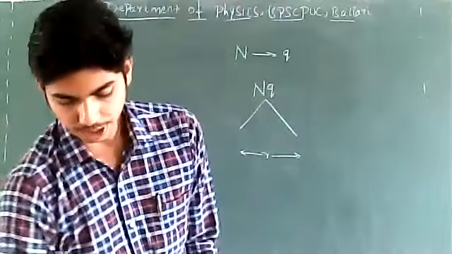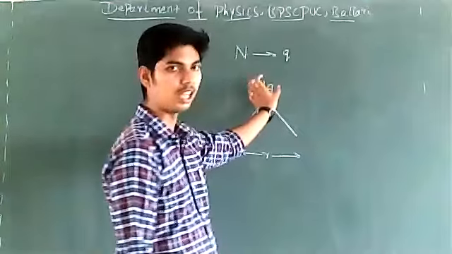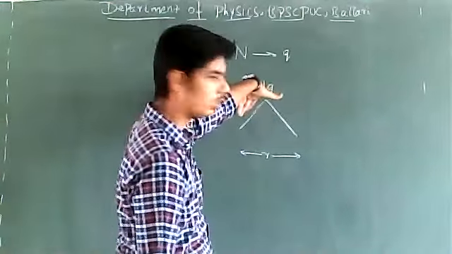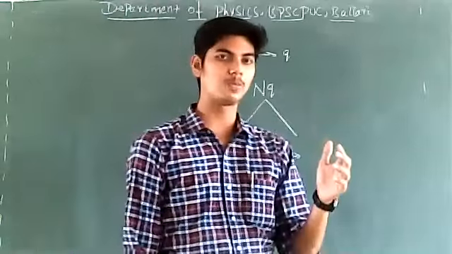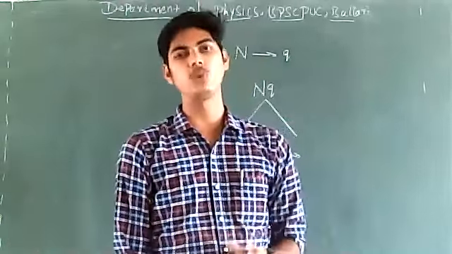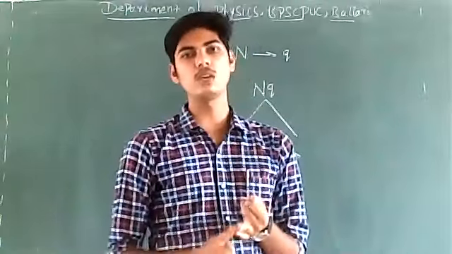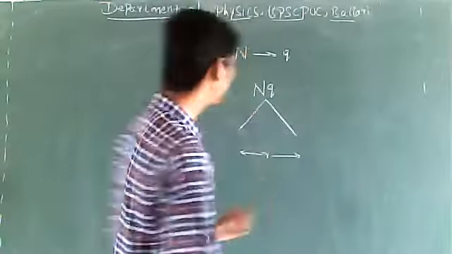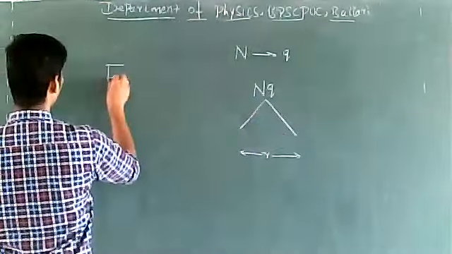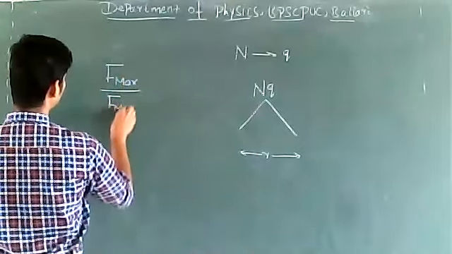You need to find out how this charge nq is to be distributed into 2 parts such that the force between them is once maximum and the other time minimum. You calculate the maximum force, the minimum force, and take the ratio of maximum force to minimum force.